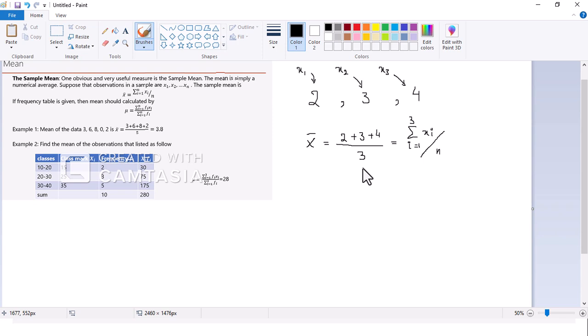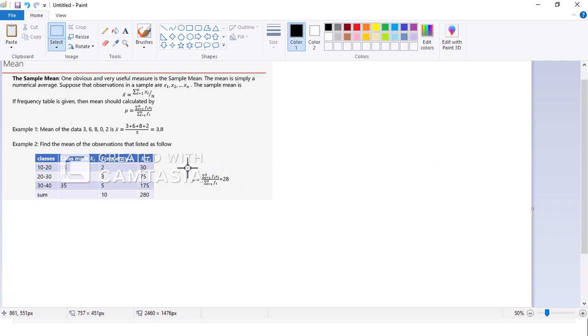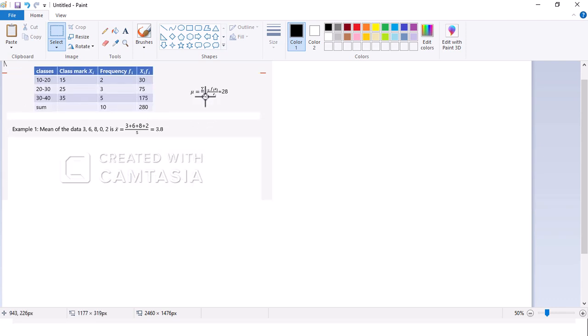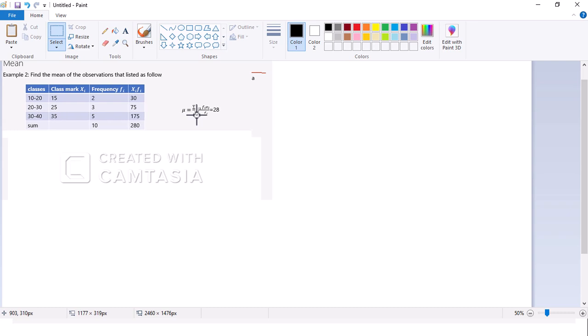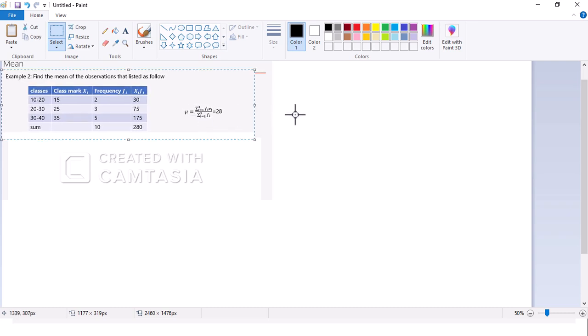What about the population? How can we calculate the population mean? If you understand this part carefully, then you can follow the remaining parts, when we have the table and other cases. Let me put this example here.